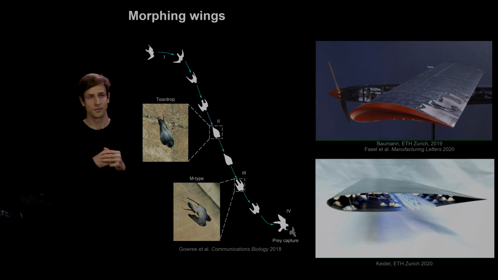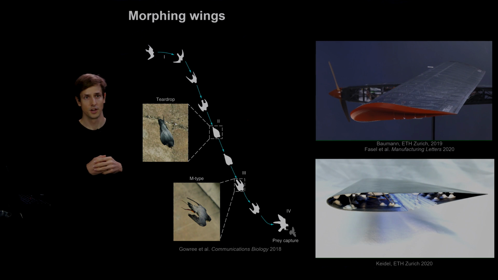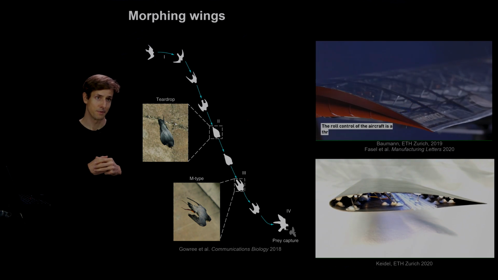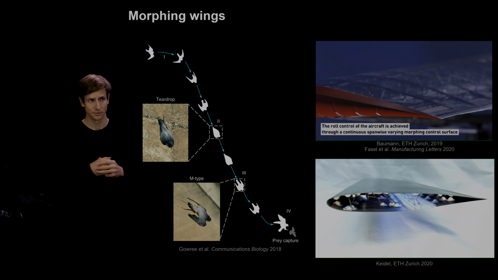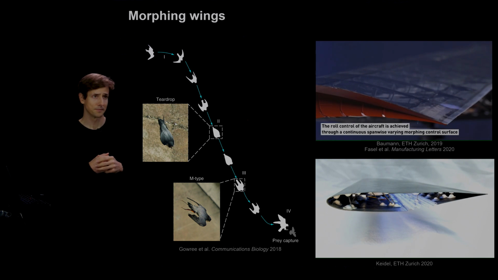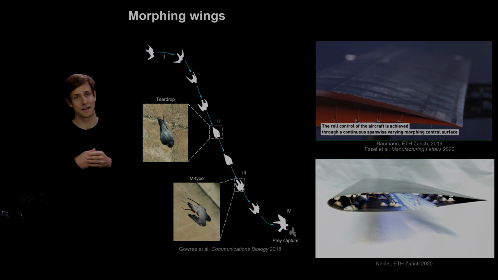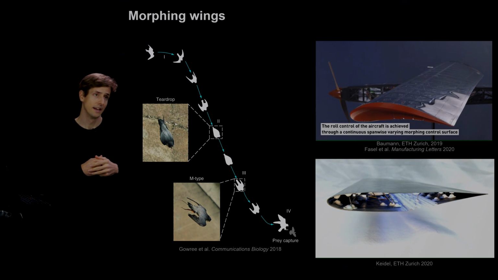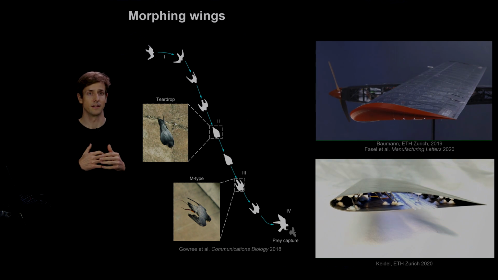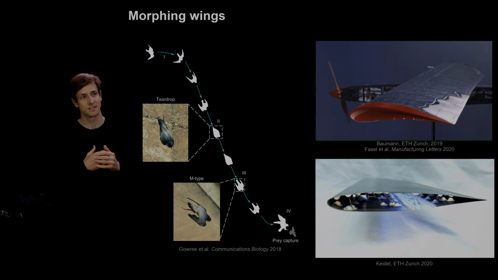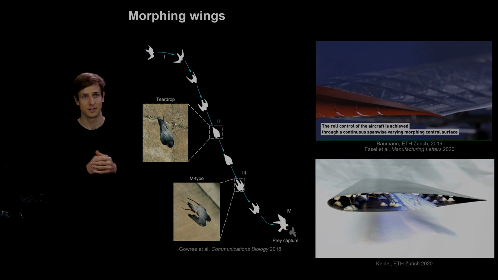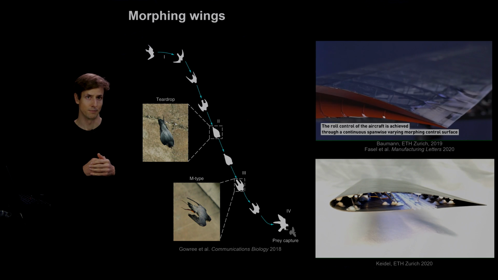And the goal of both of these wings is first to replace conventional ailerons by using morphing for roll control. And then in the case of the upper wing, we basically placed compliant ribs over the full wingspan to be able to change the span-wise lift distribution at different flight conditions and operating modes.